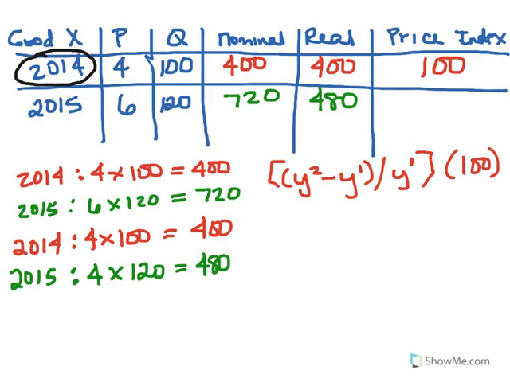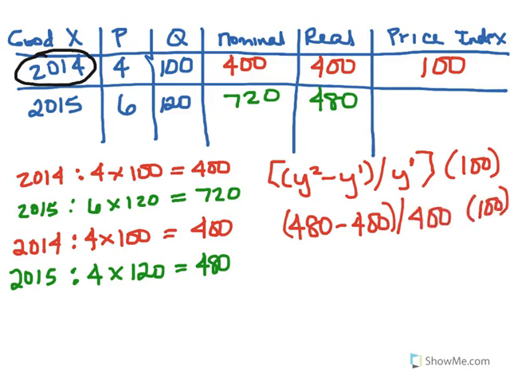So again, the year two GDP we established was 480 minus the GDP for year one, which according to our table was 400. And then we divide that by the value of year one, which was 400. And then of course we'll end up multiplying that by 100.